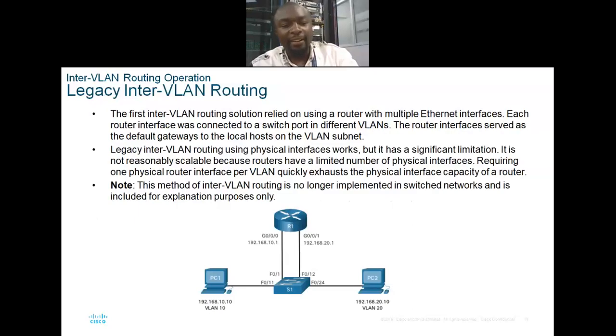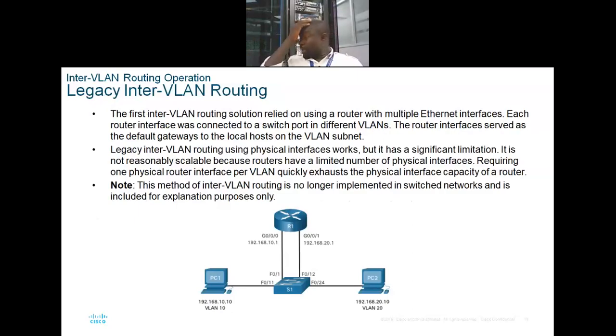Legacy inter-VLAN routing using physical interfaces works, but it has a significant limitation. It is not reasonably scalable because routers have a limited number of physical interfaces, and requiring one physical router interface per VLAN quickly exhausts the physical interface capacity of a router.